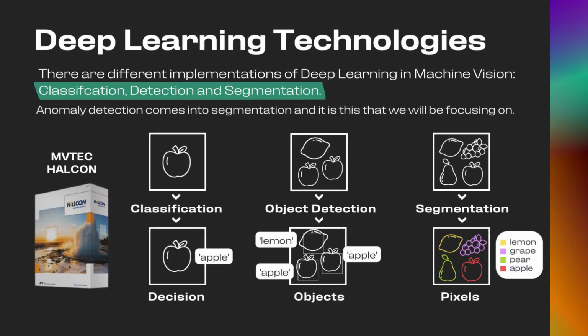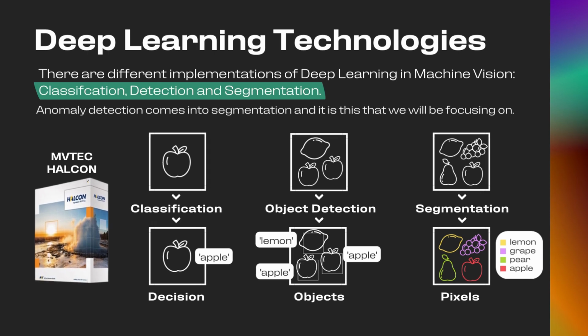Okay, so a little bit deeper into deep learning. There are three different implementations. Most deep learning algorithms have these three. In this case, we're talking about a product just on the left there from a company called MVTec, called Halcon. They have these three implementations.